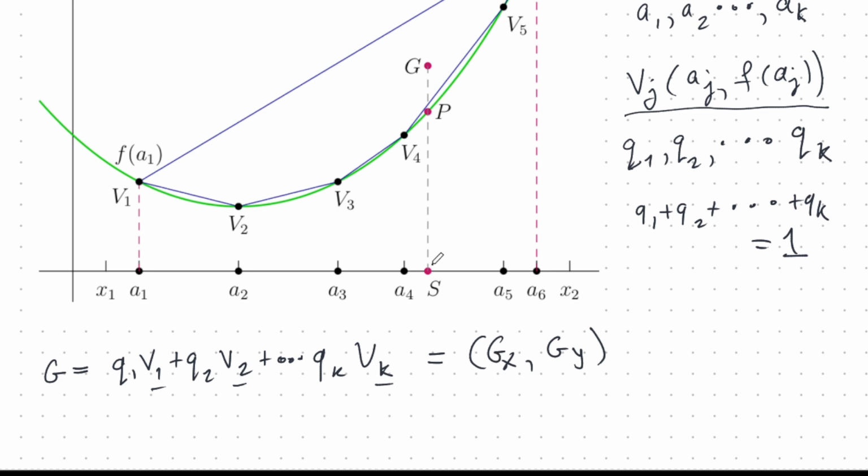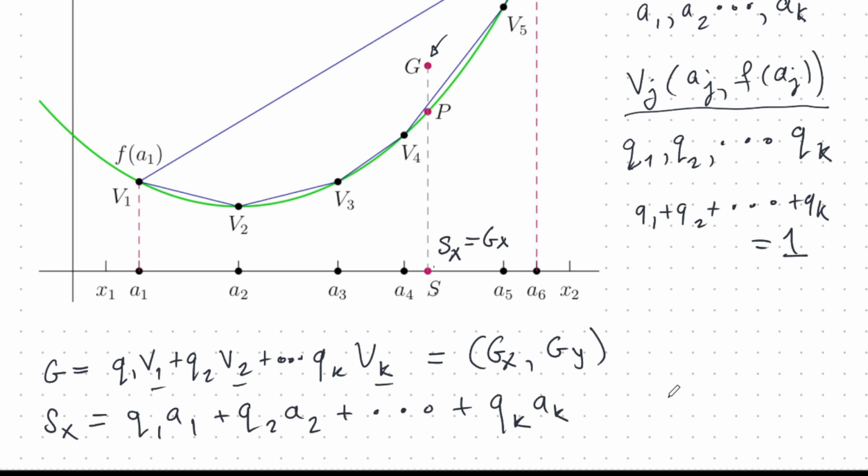We need that because this point here is the projection down from G, as I talked about before. And the x component here, s of x, we can find from G because s of x is g of x, if it's the perpendicular projection of this point G down onto the x-axis here. And so it's really easy to get s of x.